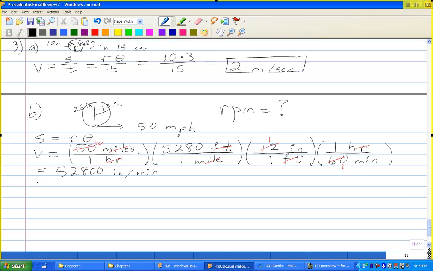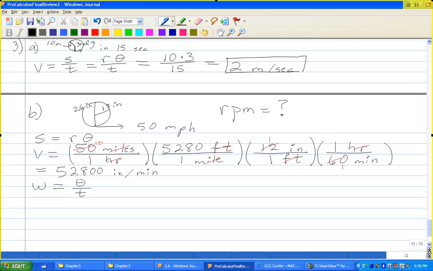Note from above, the velocity over the radius is, well, maybe I'll write it this way. The radians per minute, or the revolutions per minute. Let's do it in revolutions.